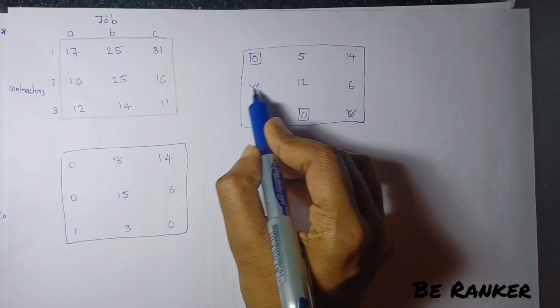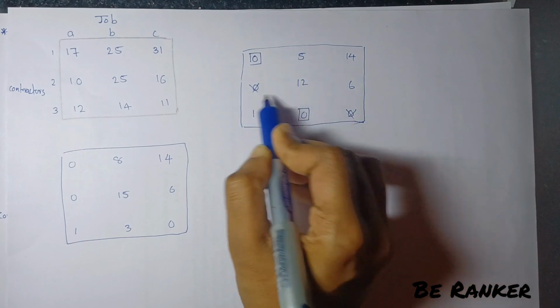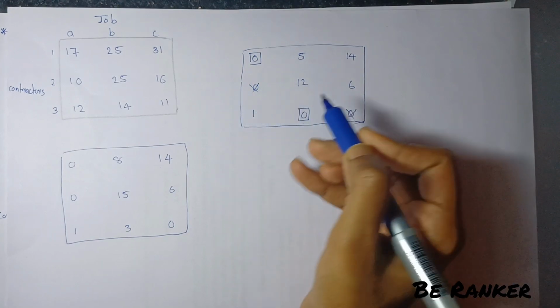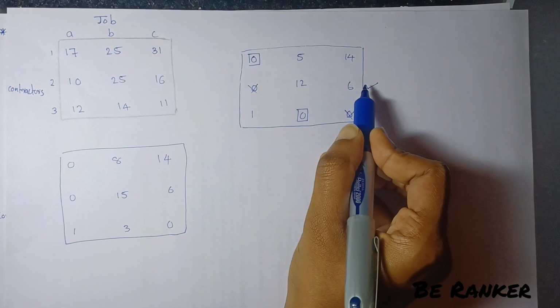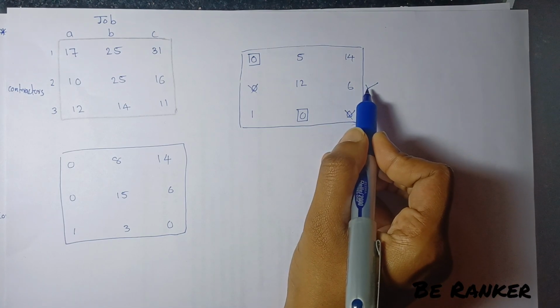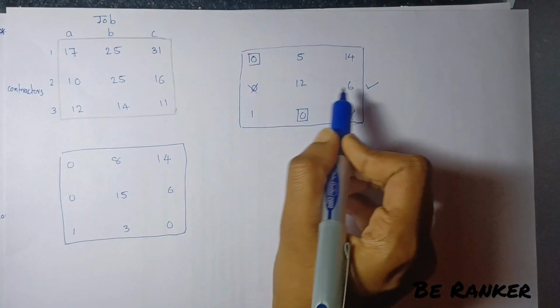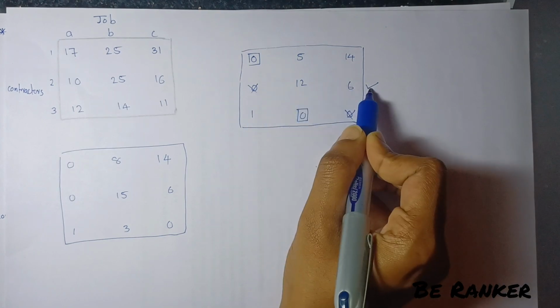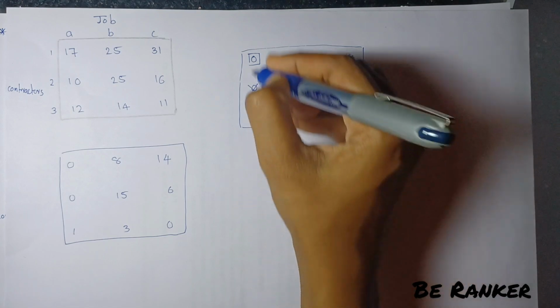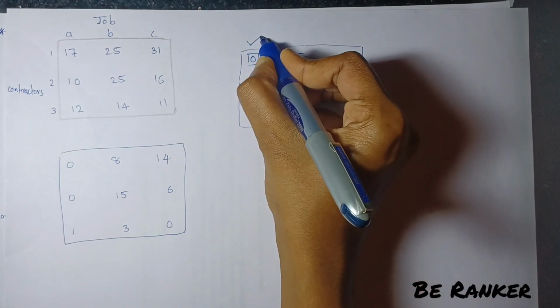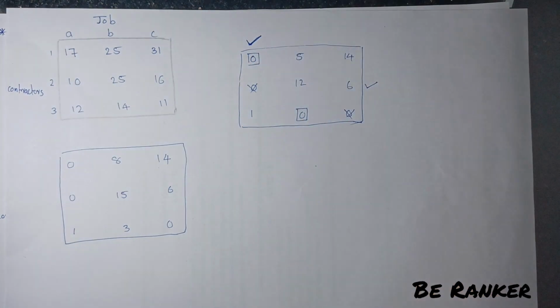That is, the second row has no assigned 0, so I pick this row. Then pick the column that has the cancelled 0 in that picked row. So I pick the first column.